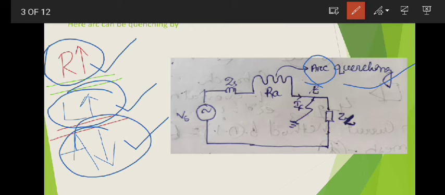Quenching means splitting of the arc. So by reducing the cross section, by increasing the length, and by increasing the resistance, we can split the arc. The miniature circuit breaker is also an air circuit breaker, and the medium voltage breaker is also an air circuit breaker.